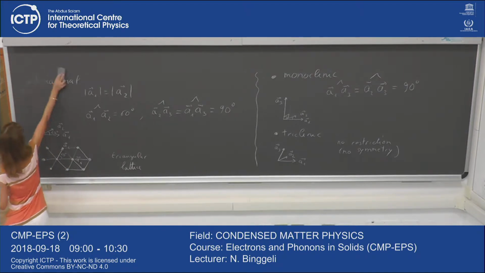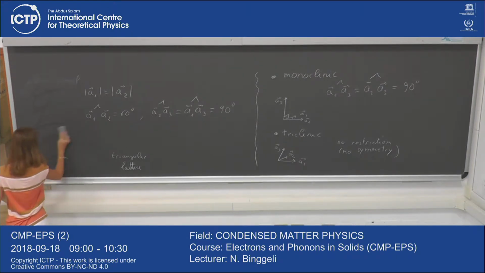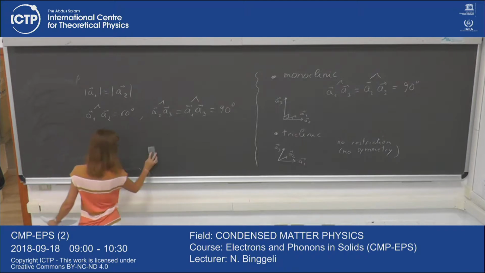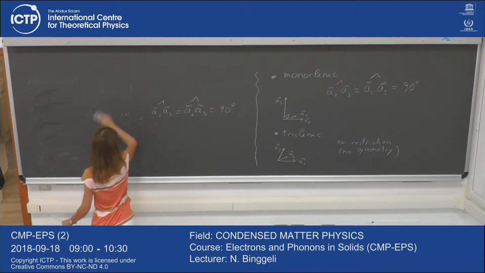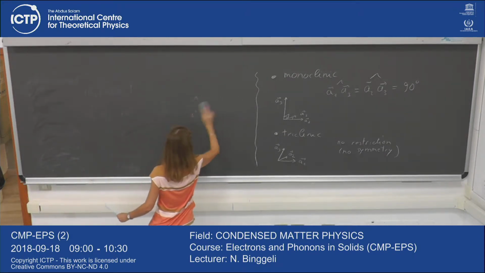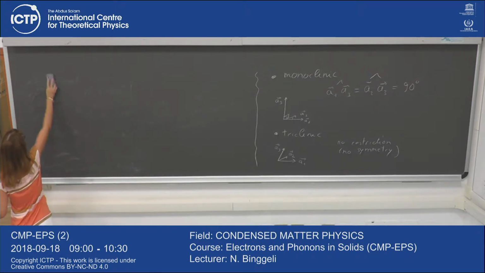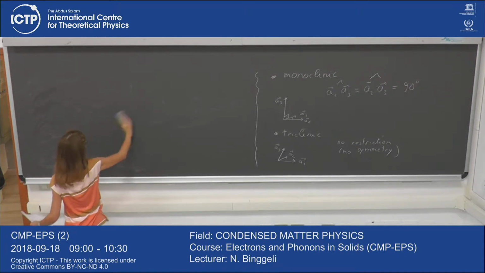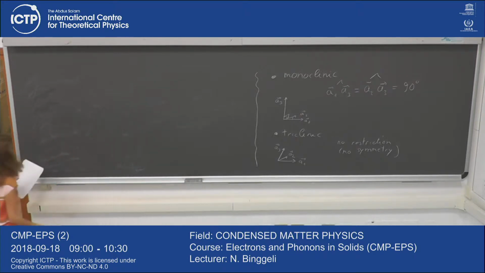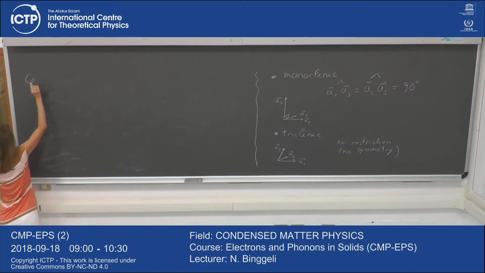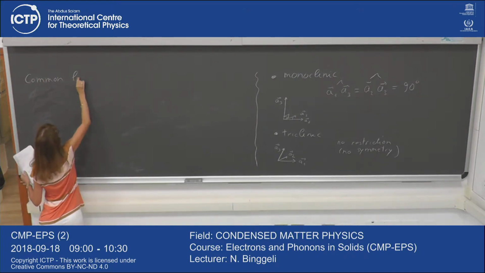And now I would like to tell you about 2 special lattices, special in the sense that they are common in nature. These 2 lattices are the BCC, body-centered cubic lattice, and the FCC, face-centered cubic lattice. So, an example of common lattices in nature.